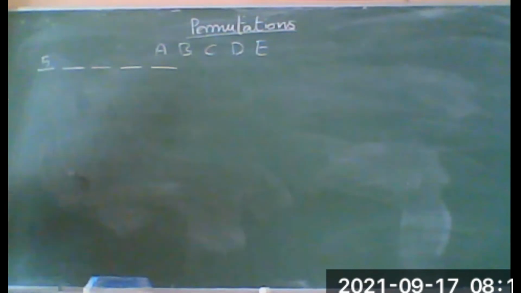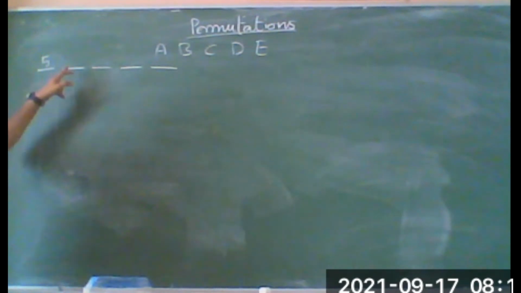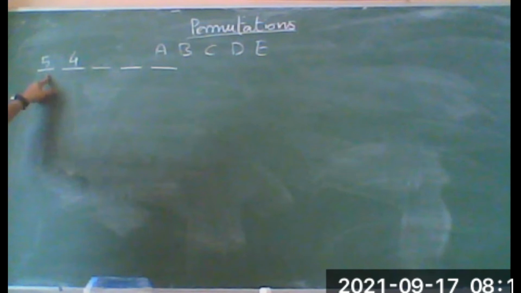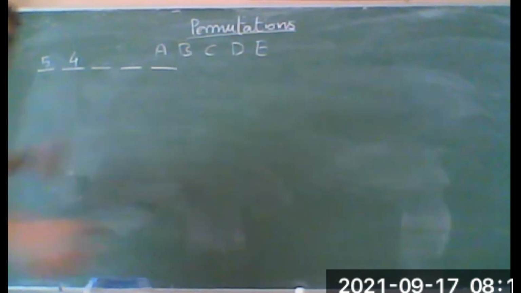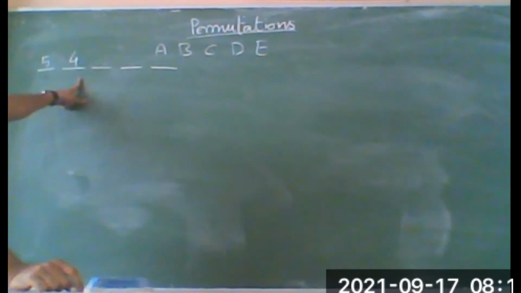Very good. Now for the one object you have put it here, what will be the possibility for the second block? 4. Now you see one thing. For this first block, suppose you are putting A. So for A, you are having 4 possibilities here. Now instead of A, if you are putting B, then also you are having 4 possibilities.